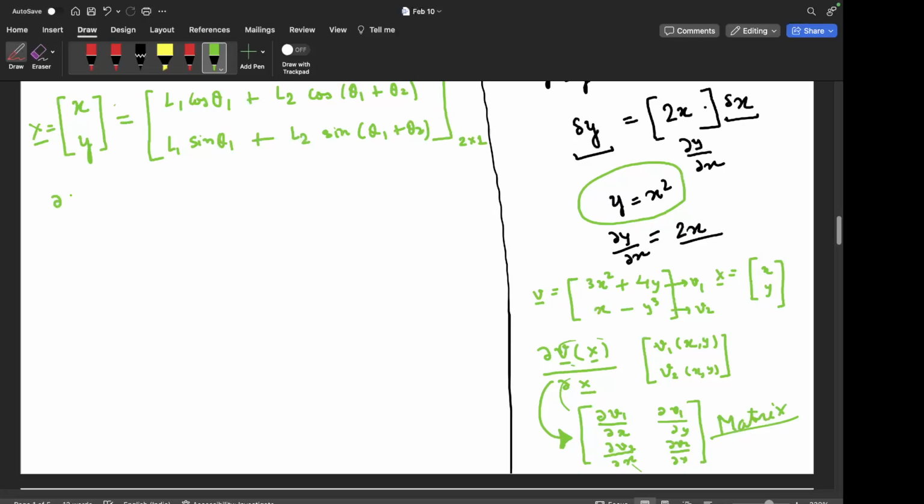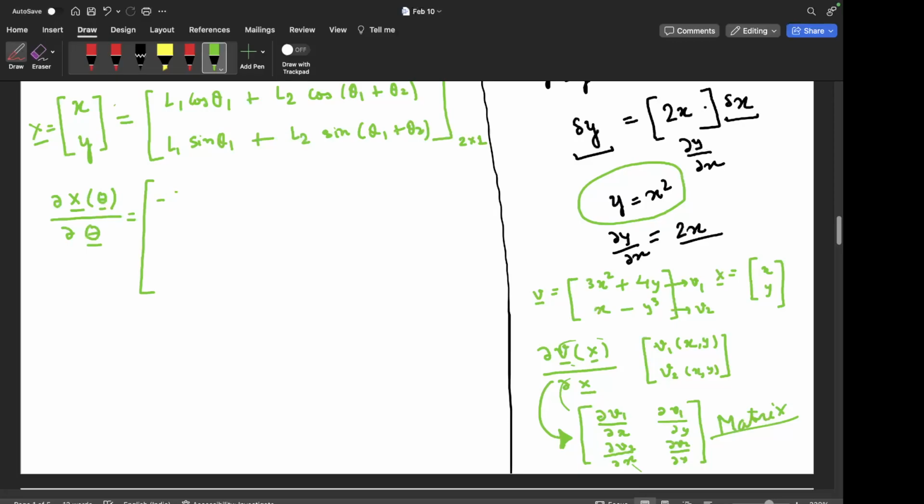So the derivative of x, which is a function of theta, with respect to theta, right? I am used to writing x at the bottom. So the first term, let's derive it with respect to theta 1.